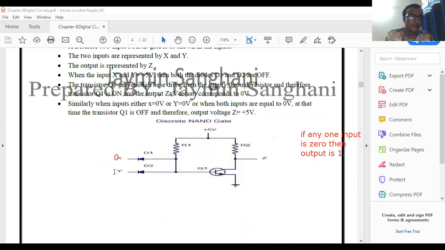This is the fundamental rule: if we apply 0 volt to the N side, then the diode acts in forward bias. Here 5 volt positive will be there, here 0, so the diode will be in forward bias, so all the current will flow through this particular diode only, and through the diode it is connected to ground.